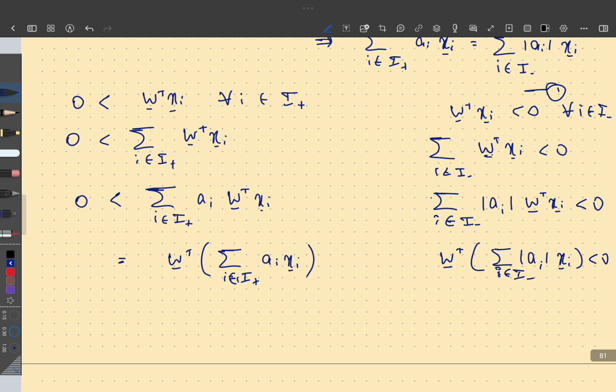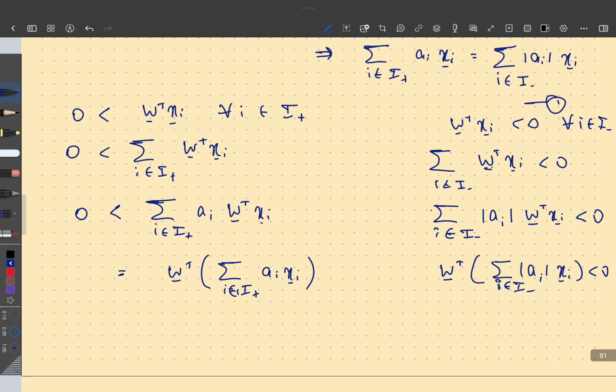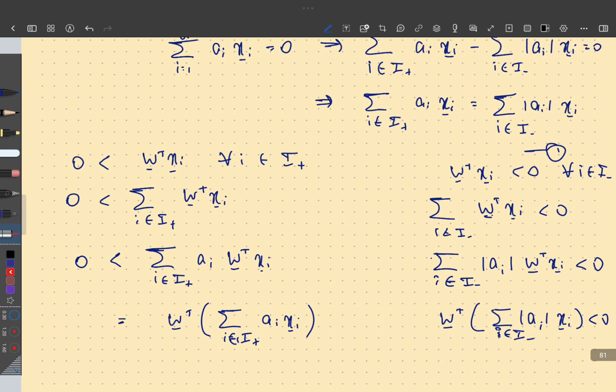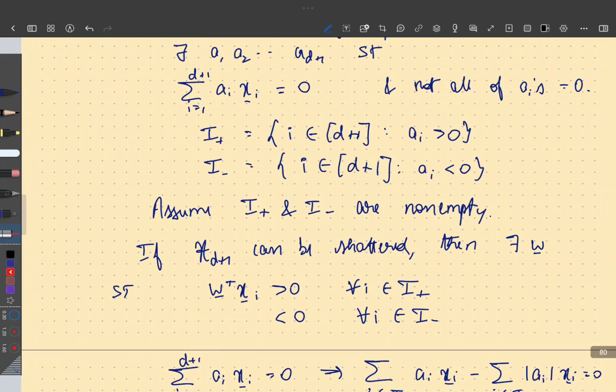Can you explain the last two to three slides? Which one? Some eight slides. Which, you mean these? No, slide 78. Okay, the ai's are just a collection of all the weights, right? It's a combination.